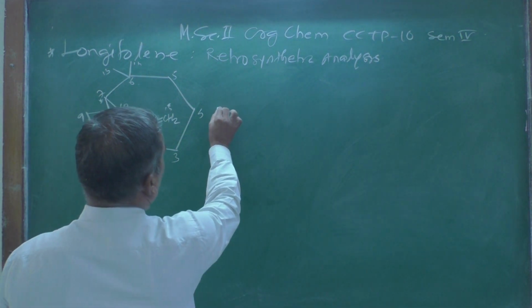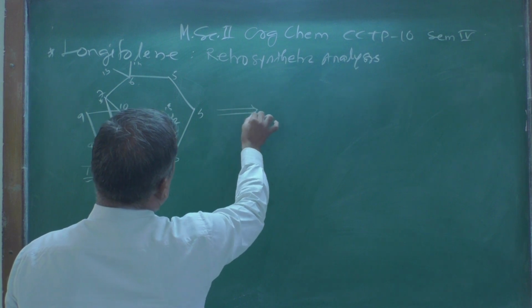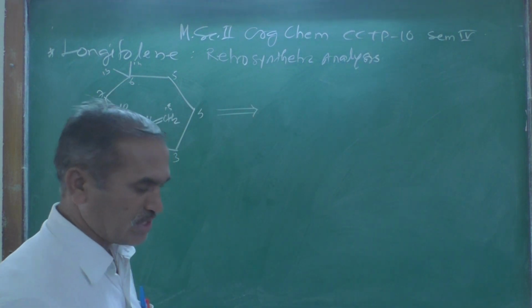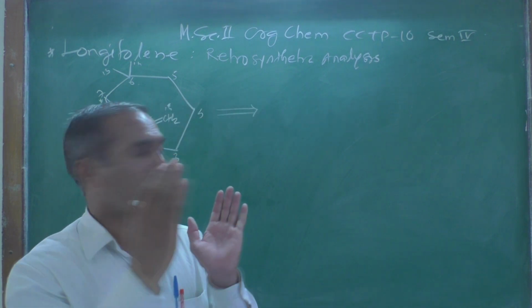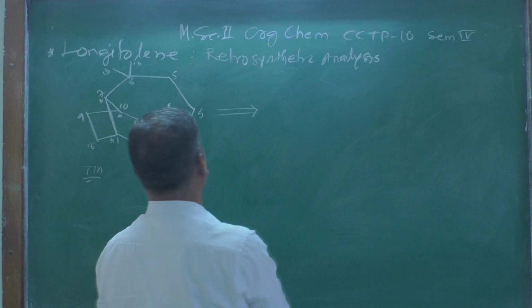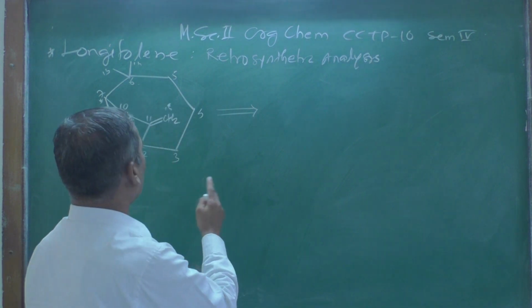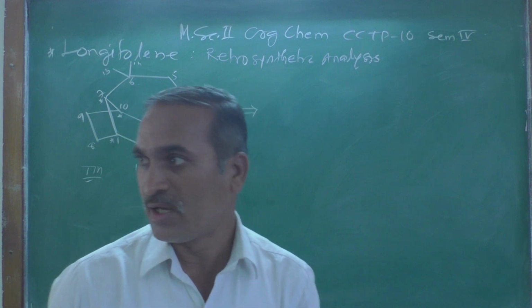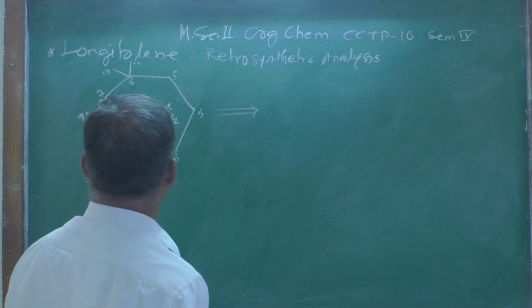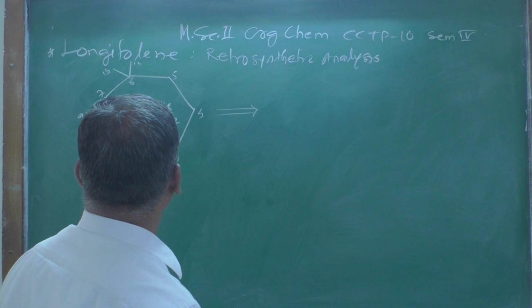Now this is a disconnection arrow. It is a special arrow. The meaning of this arrow is that this target molecule could be made from this, and that is the general meaning of this arrow.